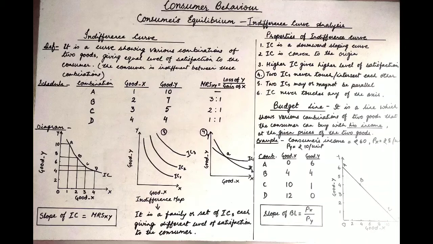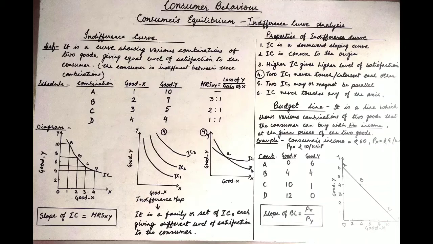This is the diagram which shows that the budget line is also a downward sloping line, and it is a straight line which is going in downward direction from left to right. In this diagram, AB is the budget line or the price line.